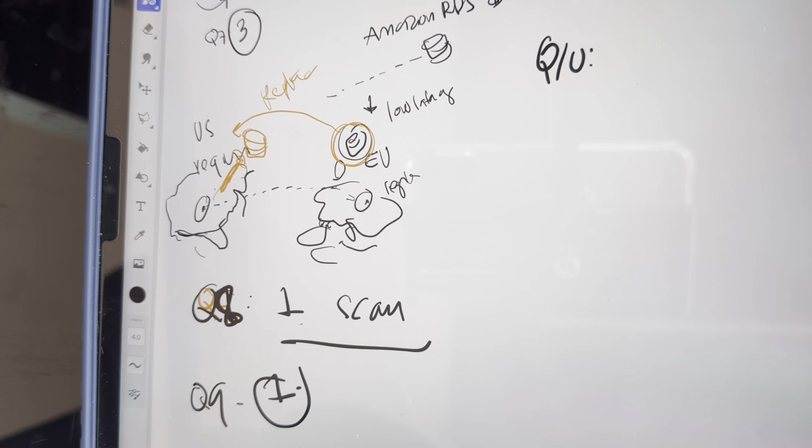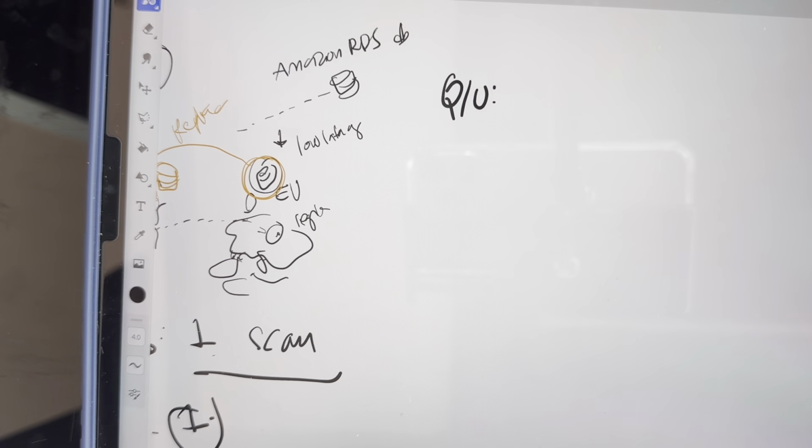Question number 10. An Amazon DynamoDB table will record the results of an online game.